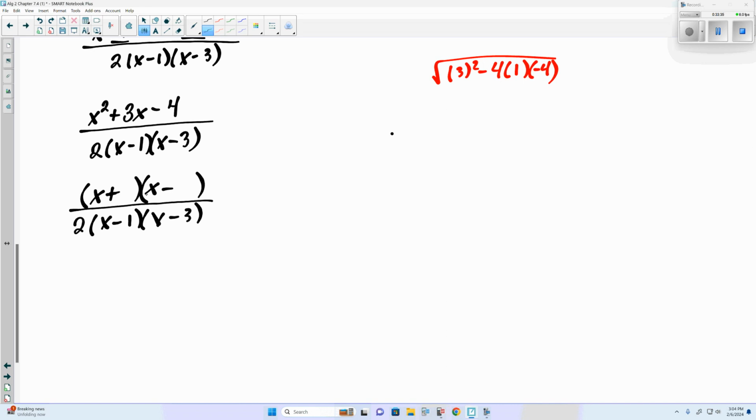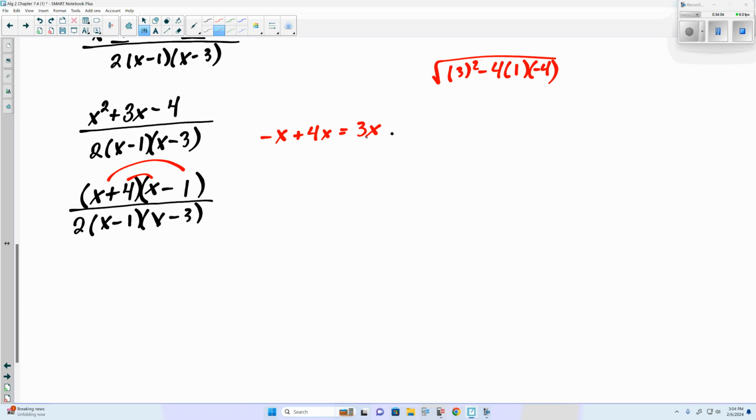Which one do we want to use? 4 and 1. Put the 4 with the plus, 1 with the minus. Because if we put the 1 with the minus, we now have an x minus 1 on top and bottom. So if these are the factors, we will have something that reduces. And if we check to make sure, x times negative 1 would be negative x. 4 times x would be plus 4x, giving us a positive 3x, the middle term we wanted.